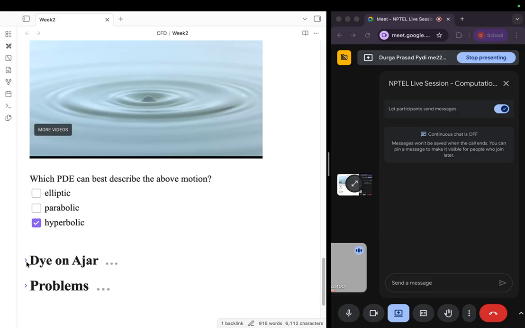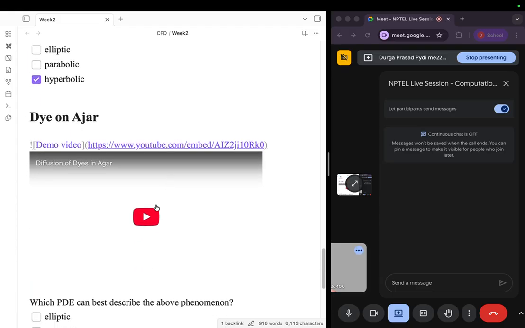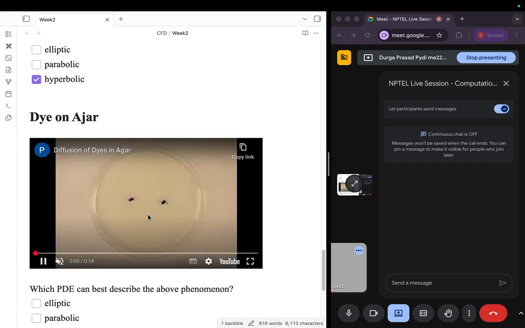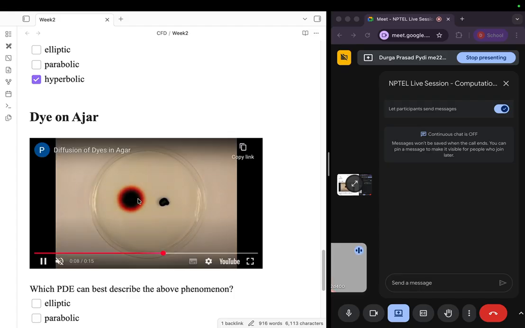And then there is another kind of problem where we have something like this. There is some dye, and you can see how the dye is spreading away.